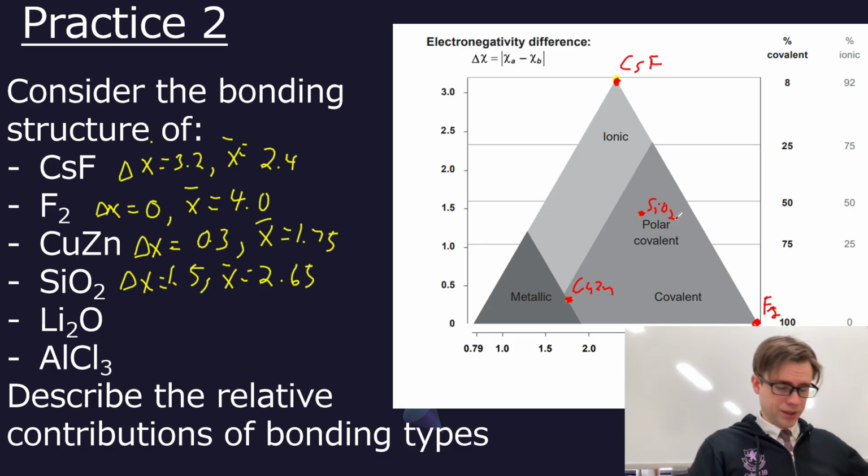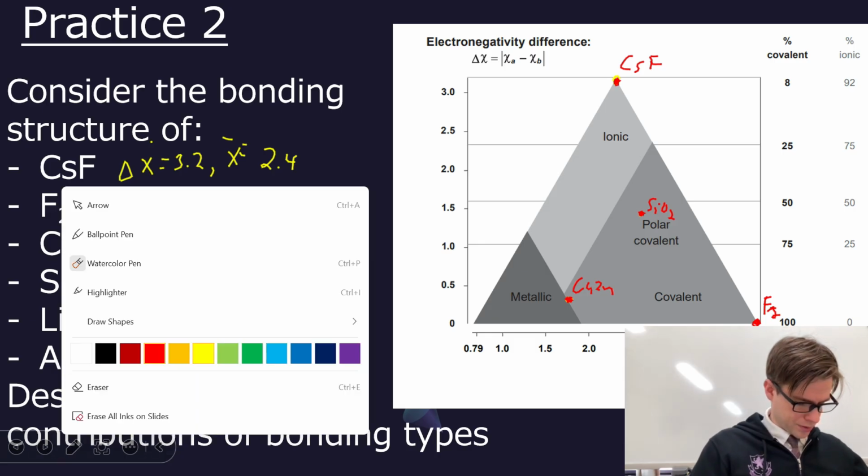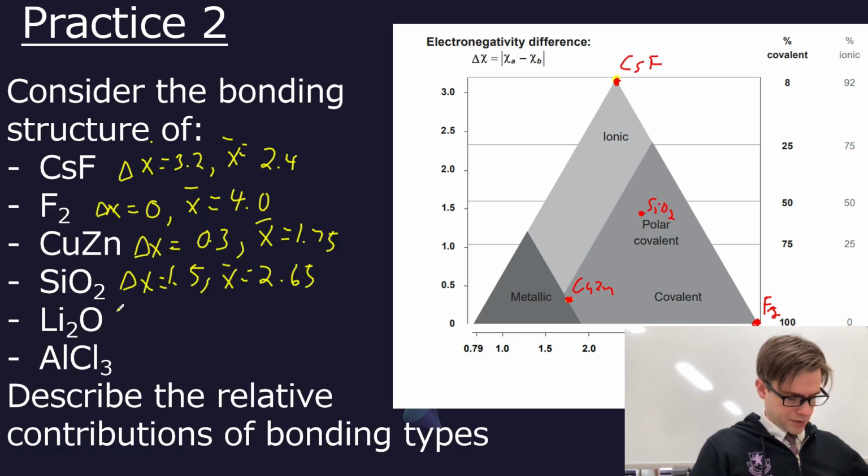Next, Li2O, lithium oxide. So lithium is 1.0 electronegativity, oxygen 3.4, same as before. That gives us a difference, delta X of 2.4, and an average X bar 2.2.